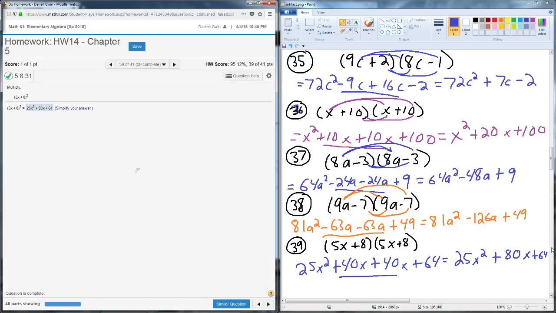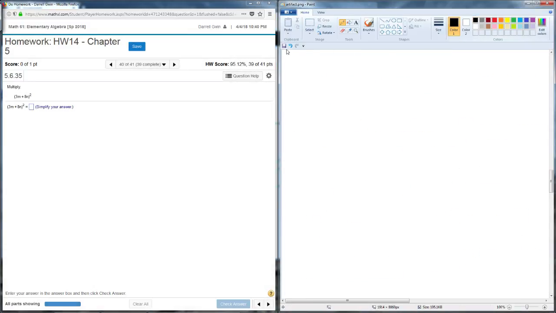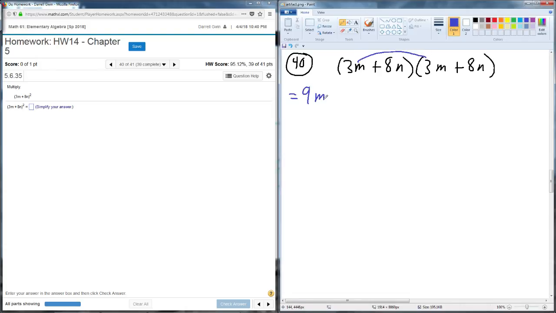Let me go to a new page. Black. Dang, another freshman's dream? So many of these. 3m plus 8n. Gotta write it twice. 3m plus 8n. There we go. 3m times 3m is 9m squared. 3m times 8n. 3 times 8 is 24.